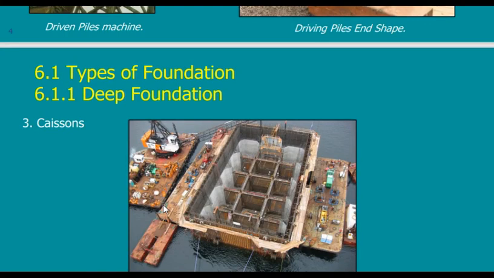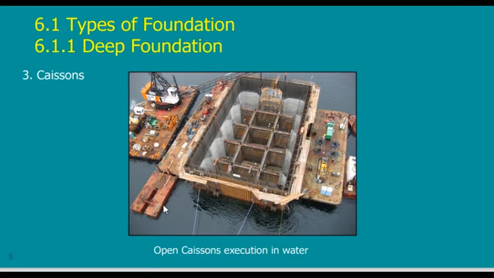The third type of deep foundation is called caissons. Caissons are very huge, big structures that reach deep down into the ground to carry the load, with the same idea as the piles. The pile carries the load from the ground surface to good layers.